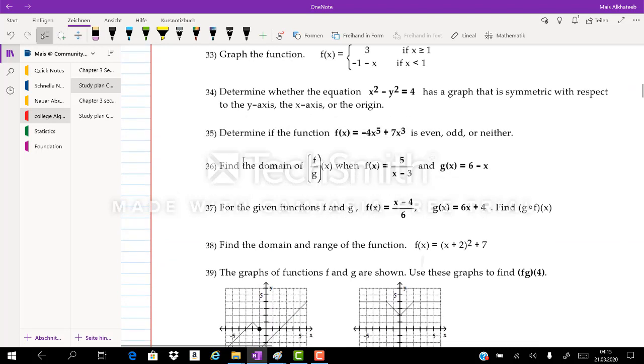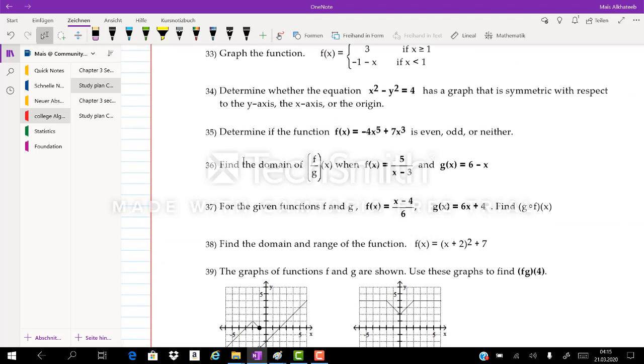Determine whether the equation x squared minus y squared equals 4 has a graph that is symmetric with respect to the x-axis, the y-axis, or the origin.